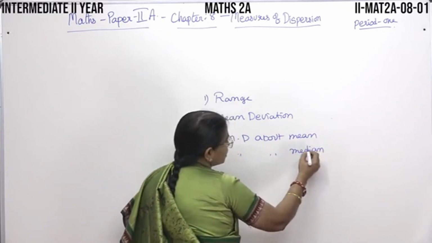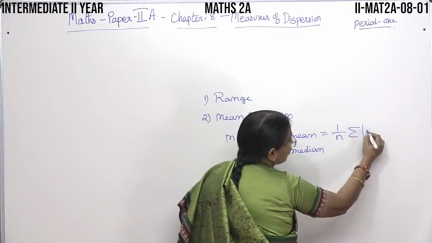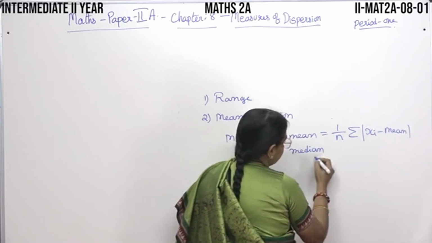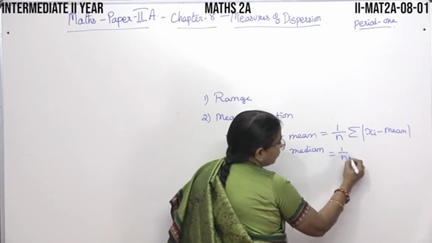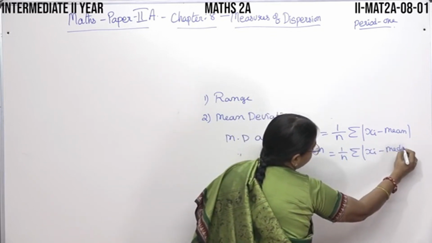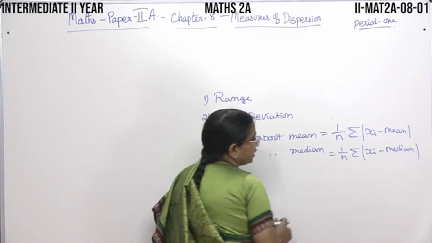The mean deviation about mean is given by 1/n times sigma of mod of xi minus mean. The mean deviation about median is 1/n times sigma of mod of xi minus median. When it is about median, you must write minus median like this.